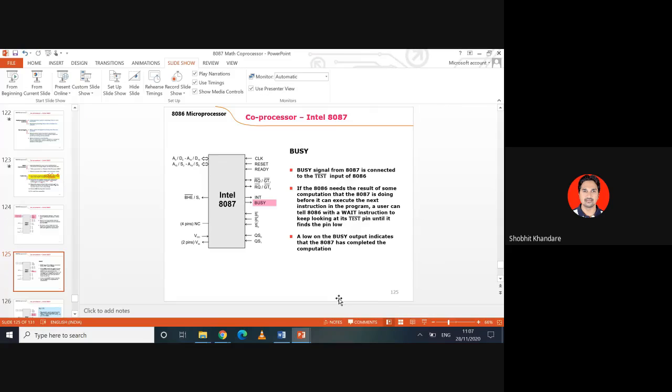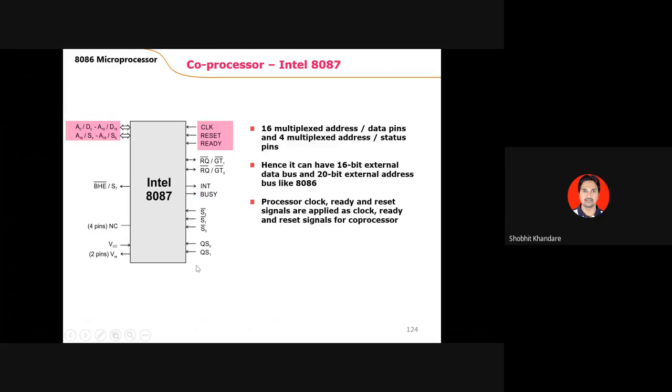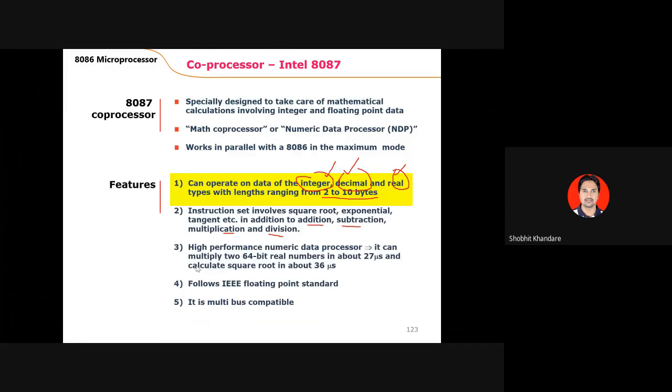Okay, we will see the same thing. I won't take much time for the explanation of this, because I already told you most of the pins are familiar to you because they are associated with 8086.